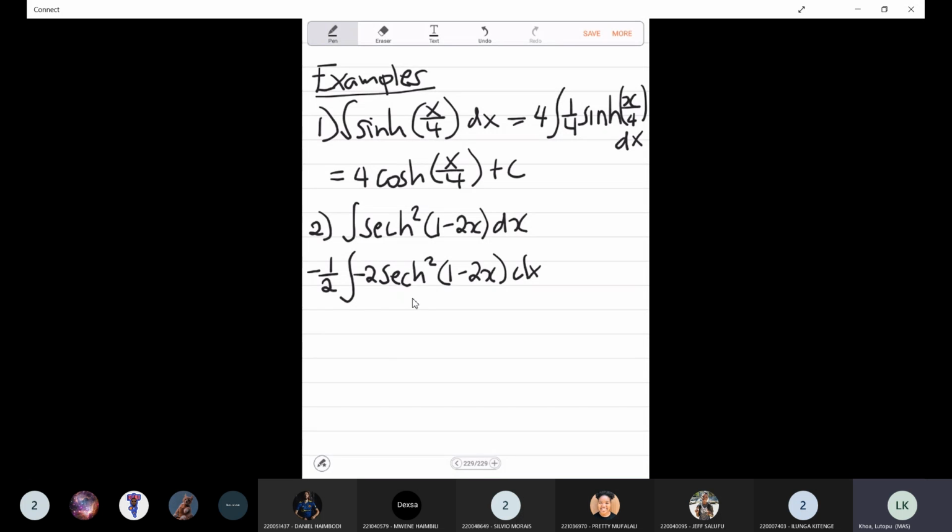Then now I can integrate. The integral of hyperbolic sech squared is hyperbolic tan. So I have minus a half tanh of 1 minus 2x plus c.